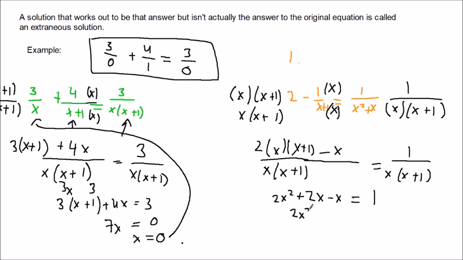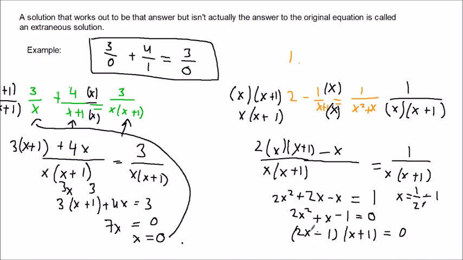So 2x squared plus x, and then we can do minus 1, throw minus 1 over there, and then you can factor this. You'll end up getting 2x minus 1 and then x plus 1, I think. Yeah, that's what you'll be getting. That's equal to 0, and so we have x is equal to 1/2 and x is equal to minus 1.